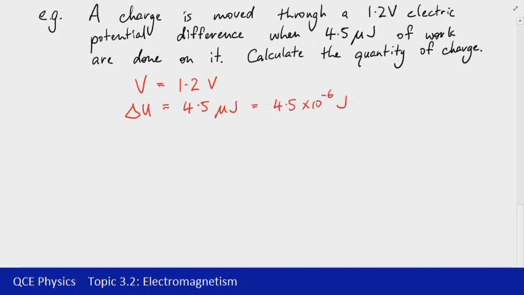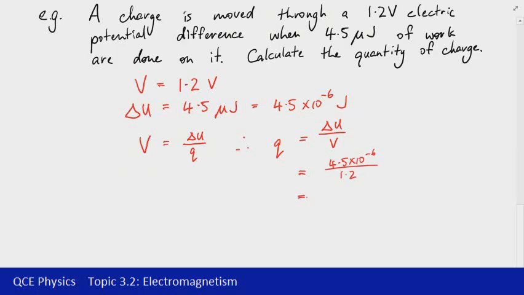So if we consider the equation V is equal to delta U on Q, we know then that we have to calculate Q, so that's going to be delta U on V. So that's simply equal to 4.5 by 10 to the negative 6 divided by 1.2.